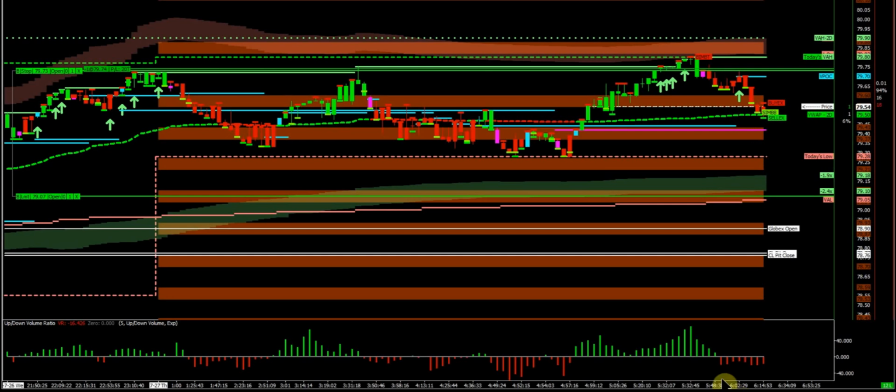The strength was to the upside, but there's not a whole lot of strength to the downside here. The up-down volume ratio is not that great compared to what it was up here. So anyway, I am expecting a little bounce up here and then probably a sell into the open. I hope this helps.